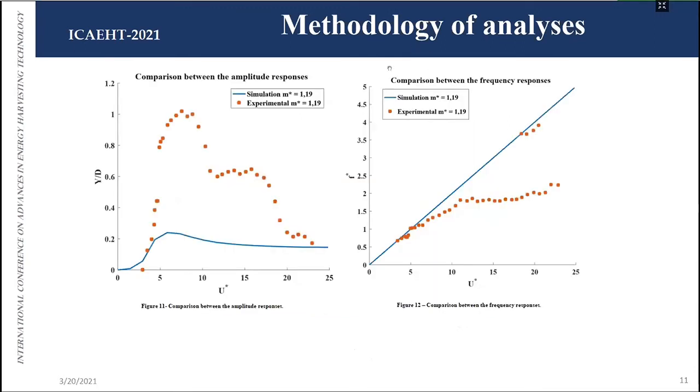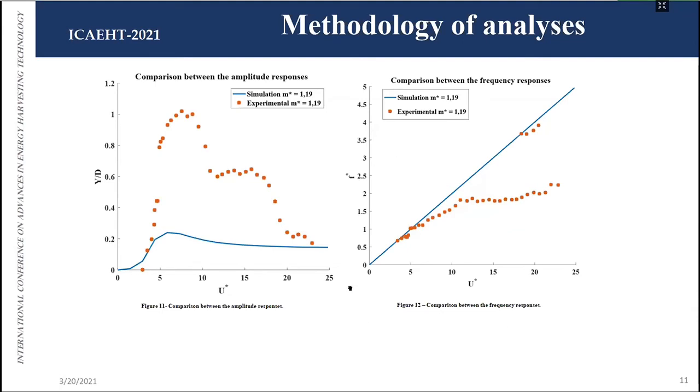So here is the first comparison. And we can see that our simulation, our base model, failed to describe these complex behaviors, both the amplitude of oscillation, the representation of the upper and lower branches, and the variation of the frequency response.